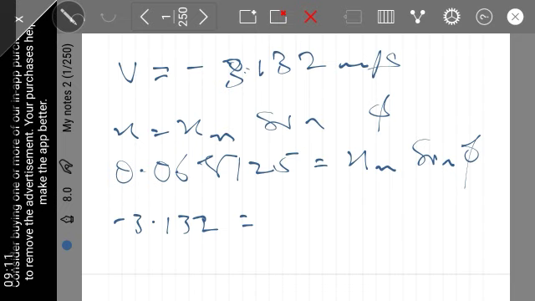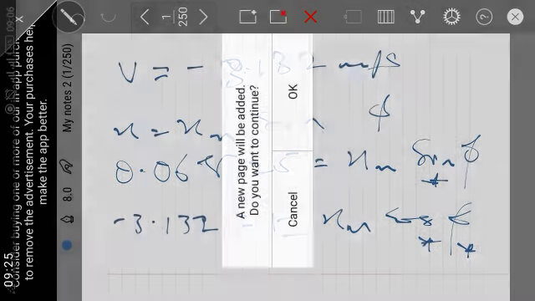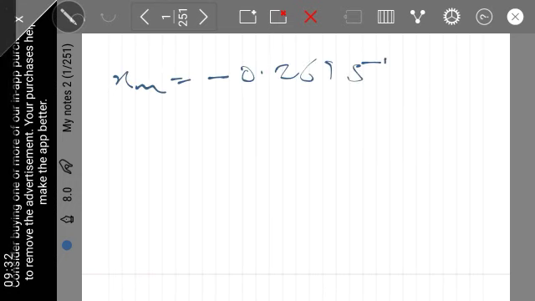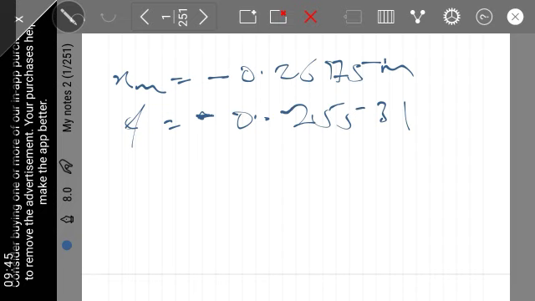So everything becomes 12 xm cos phi. If I solve these two equations simultaneously, we will obtain that xm is equal to minus 0.269575 meters, and phi is equal to minus 0.25531 rad.